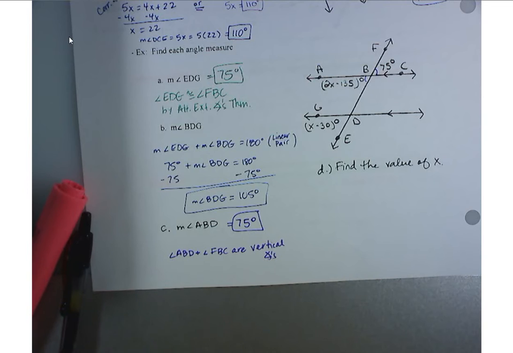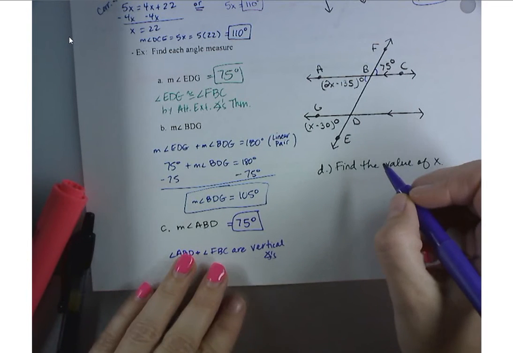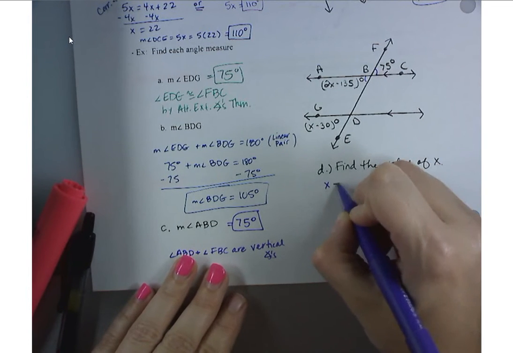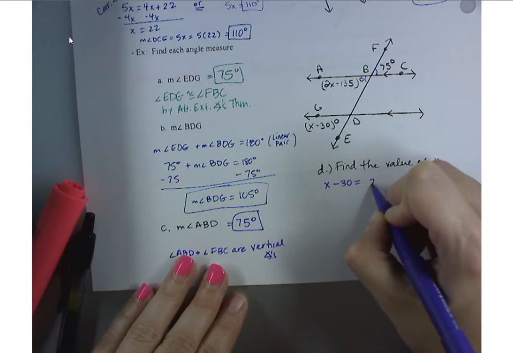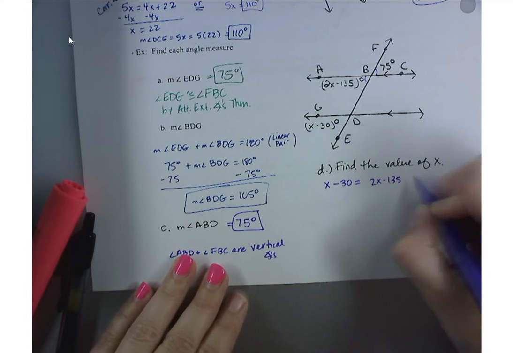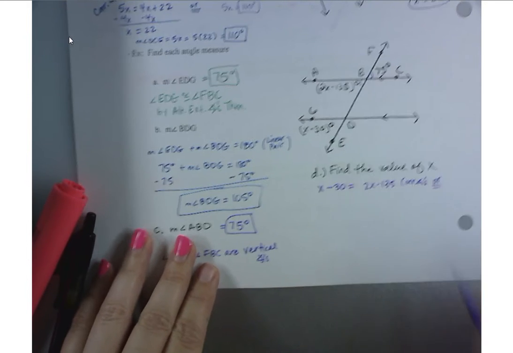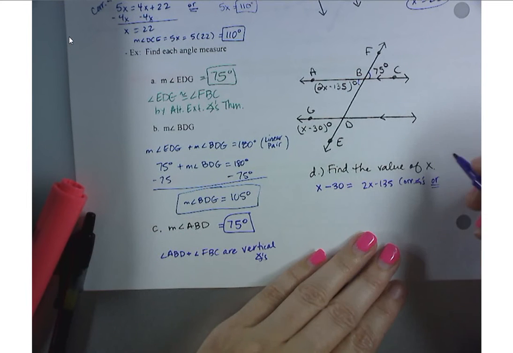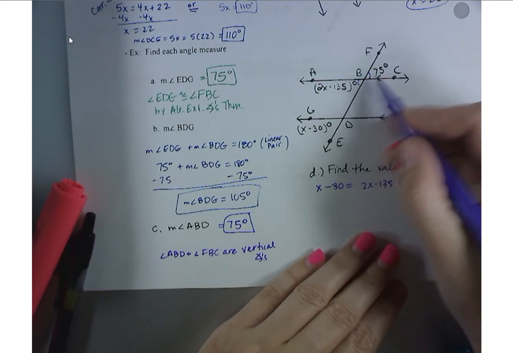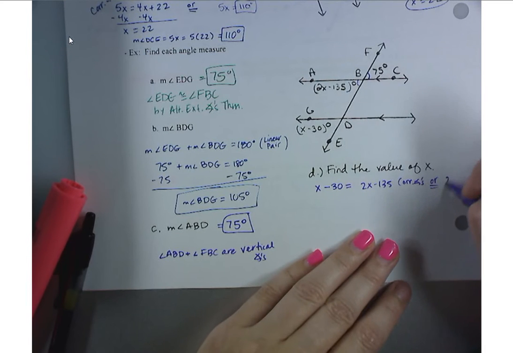I did x minus 30 equal to 2x minus 1. Okay, so you could set x minus 30 equal to 2x minus 135 because those are corresponding angles. Or you could also do what? Set x minus 30 equal to 75. Okay, yep. Or you could do 2x minus 135 equal to 75 because those are vertical angles.